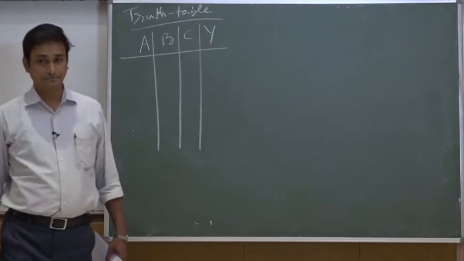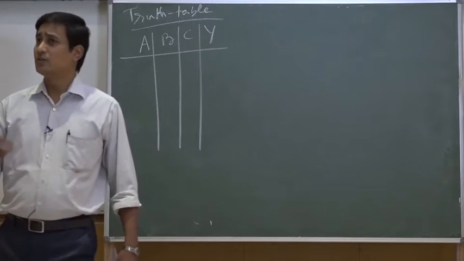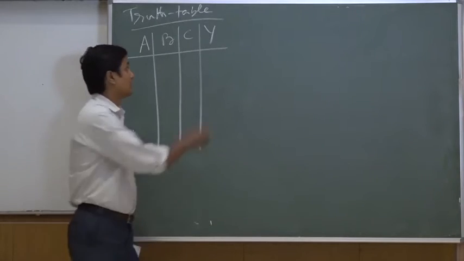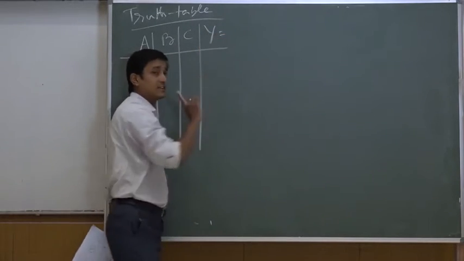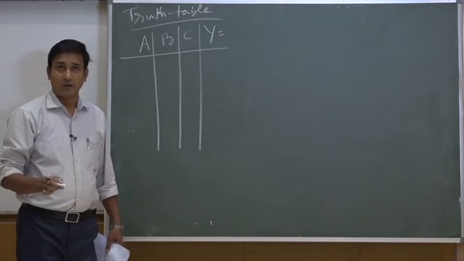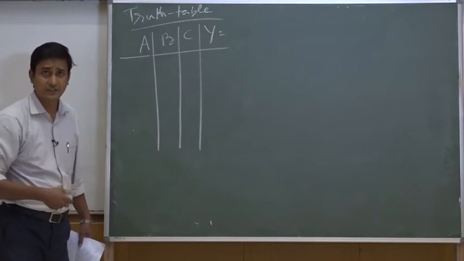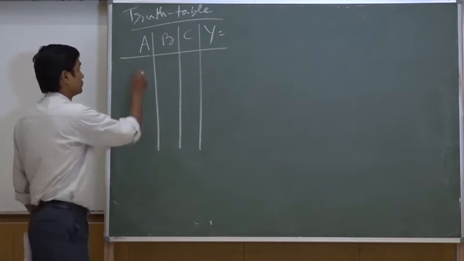We now have not 2 variables, but 3 variables which will be considered for representing this function, where these are the 3 input variables. How many combinations will they have? 8 combinations. Please write down those.